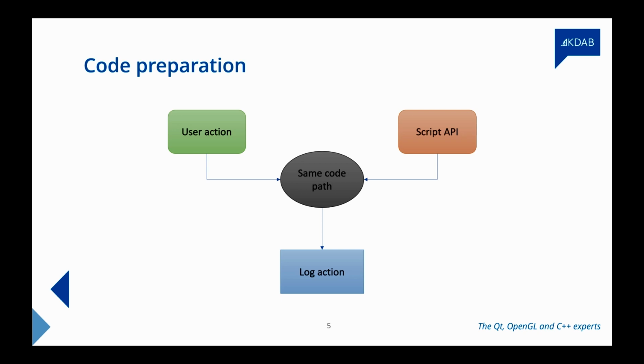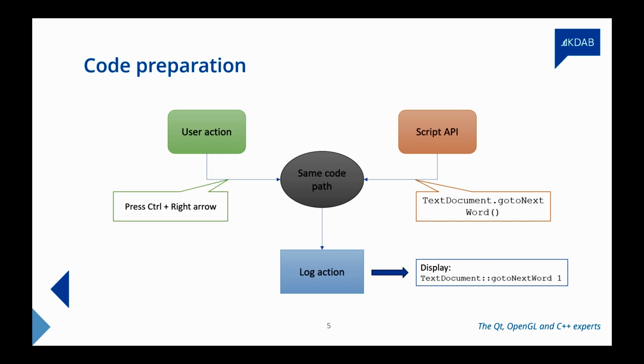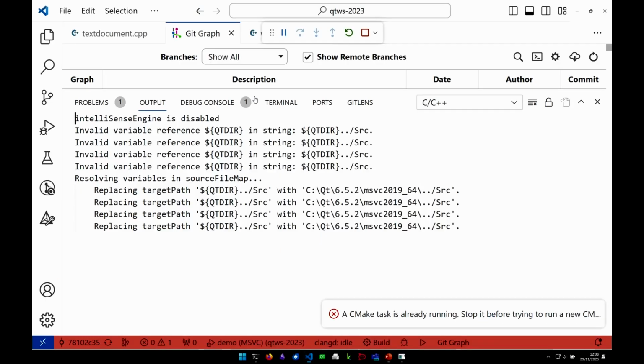And I'm just adding a log to be sure I'm going through the right way. So when the user is pressing Ctrl right, which is move to the next word, or when I'm calling the text document go to next word, I'm actually going through the same code path and just adding a small debug for that.